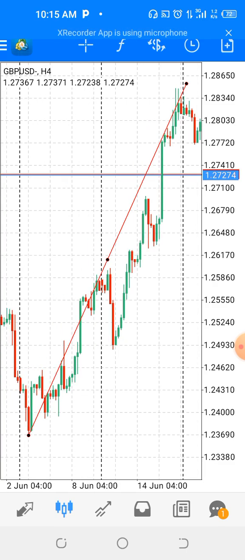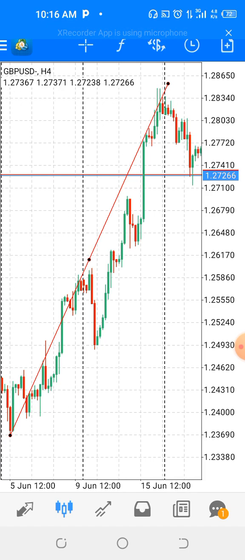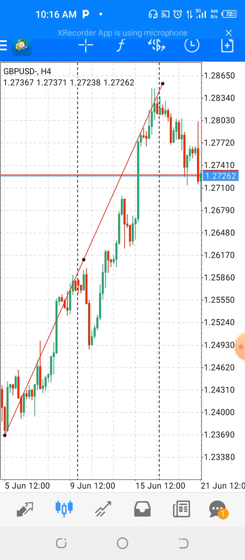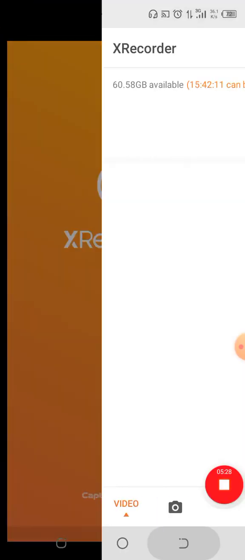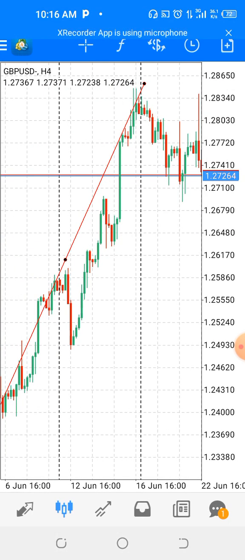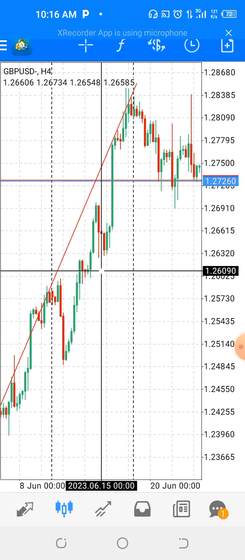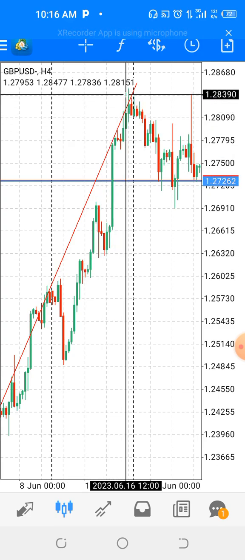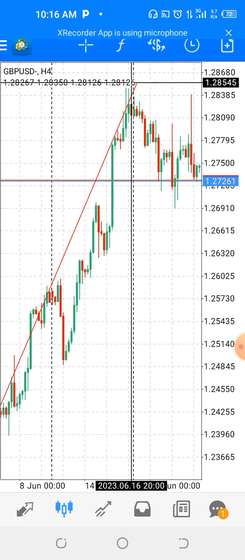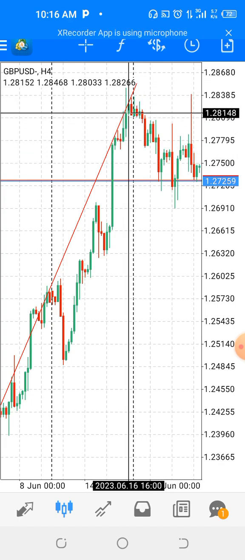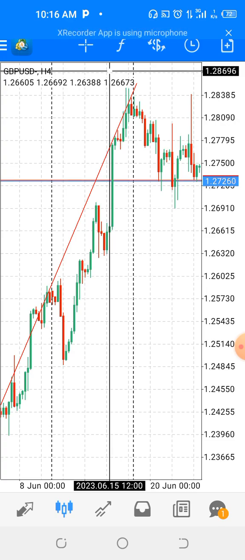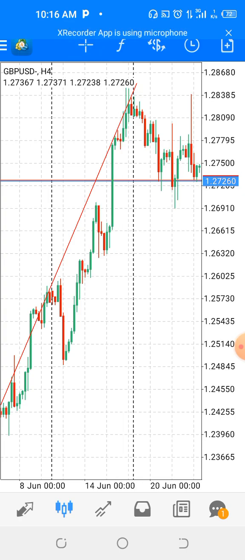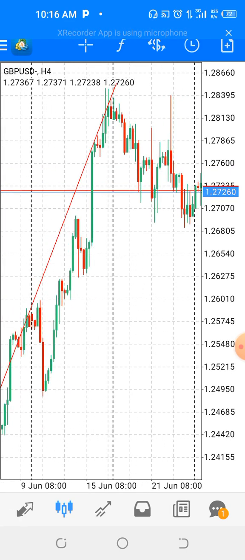Here, the market has been on an upward movement, and it gets to this point and started reversing. At this point, it got to and couldn't make an upward movement again and started reversing. That is a swing that the market has formed there.